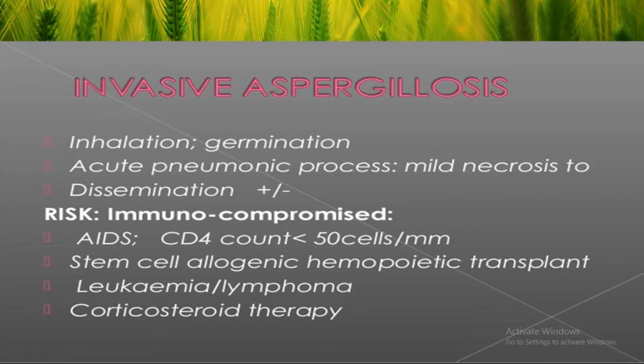So suppose you get a case in which the patient is suffering from HIV or is some sort of immunocompromised patient in which the CD4 count may or may not have reduced. So suppose the CD4 count is low in AIDS patients, aspergillosis can be invasive, or a stem cell allogenic hematopoietic transplant has taken place in a leukemia or a lymphoma patient, or the patient is on corticosteroid therapy.